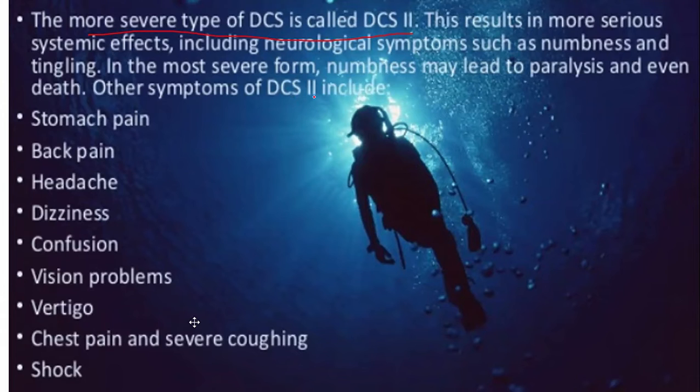Other symptoms of decompression sickness 2 include stomach pain, back pain, headache, dizziness, vision problems, vertigo, chest pain, and shock. You really don't have to worry about memorizing the symptomatology of one or two, it's self-explanatory. What is important is that you know what a bend is, and how it forms and develops.